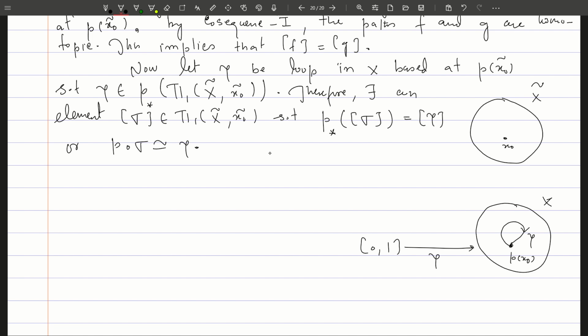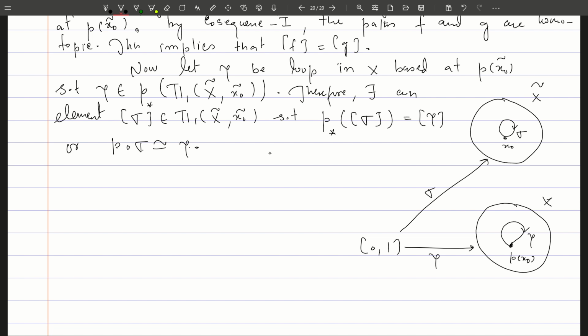So this follows due to the reason that this gamma is in the image of P star. So sigma is a loop based at x naught tilde. So this is the map sigma here.